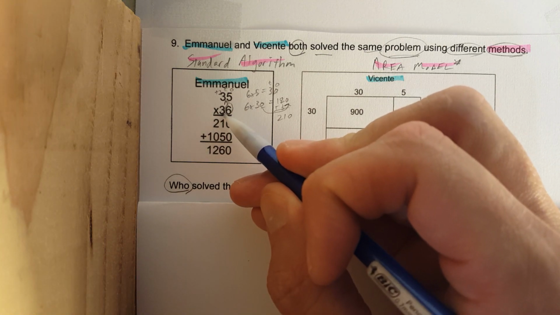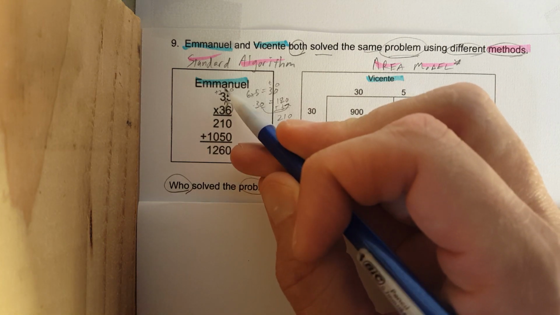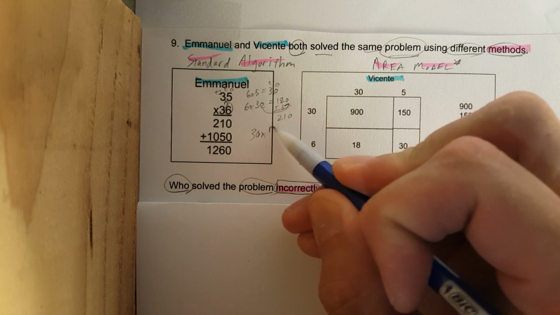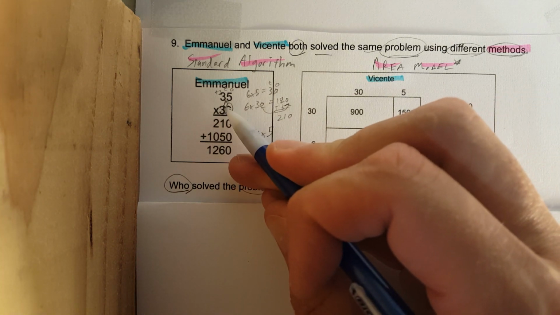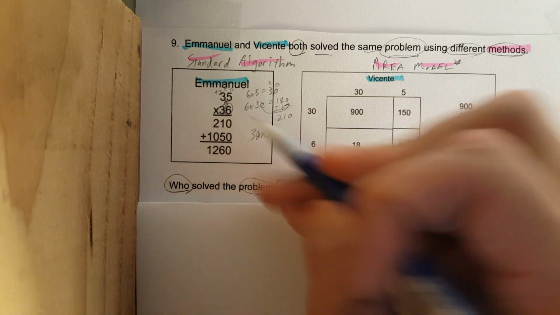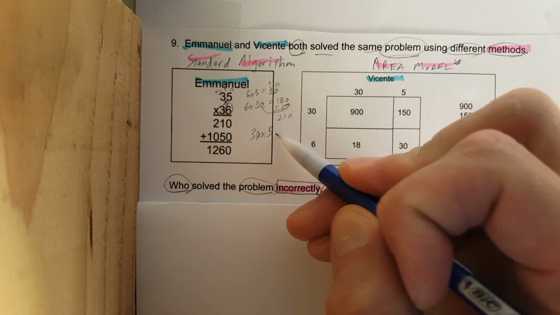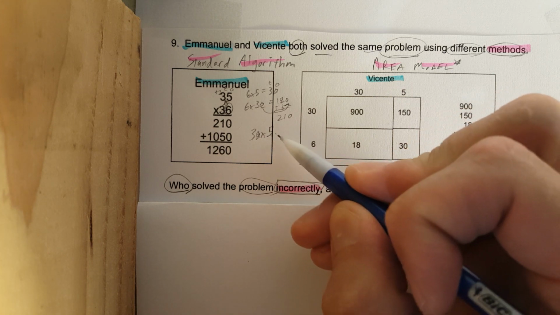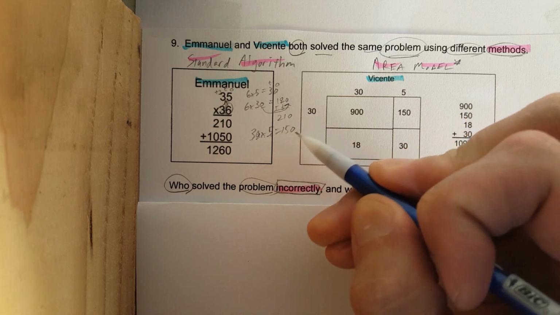We have 3. 3 times 5. But this is not 3. This is 3 tens. That would be like saying this is 30 times 5. There's a 0 there. If we get rid of this 6, that's 30 times 5. Well, 3 times 5 is 15, and I add a 0. This would be 150.